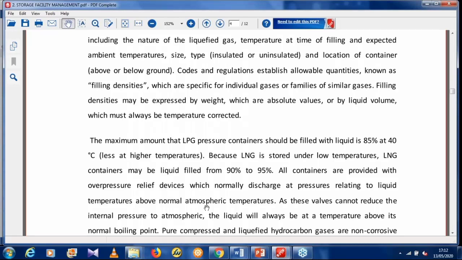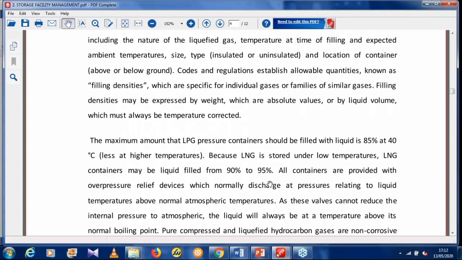Why? Because we have to create room for expansion. You understand? So when you go to fill your cooking gas, for instance, don't expect that they will fill it to the brim. If they do that, they are putting you at risk. It's like a time bomb you are taking home.